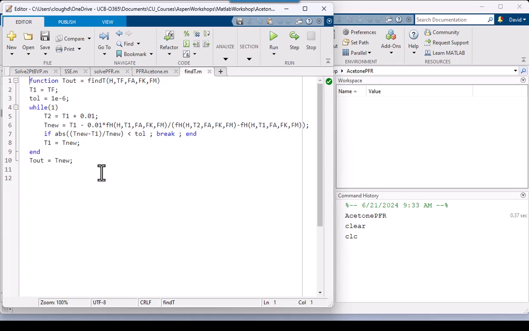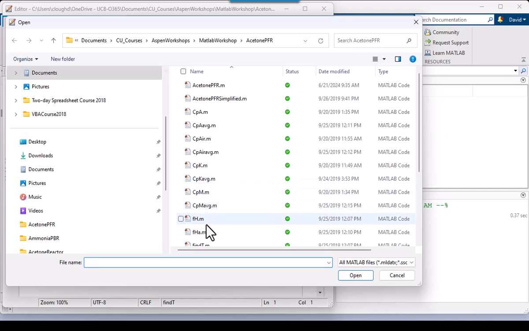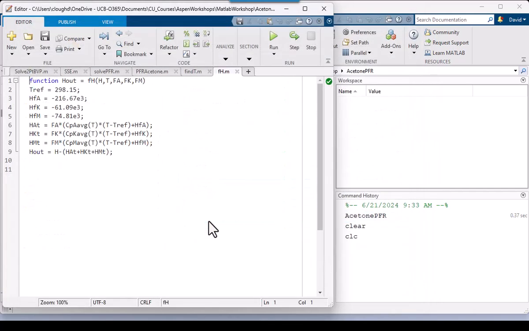And this makes use of a function that computes that block on the information flow diagram. The function is called FH, so let's open that one. And so this essentially takes our temperature and computes our enthalpies, adds them together and subtracts them away from the current value of the enthalpy.